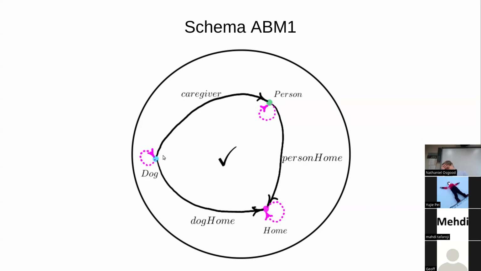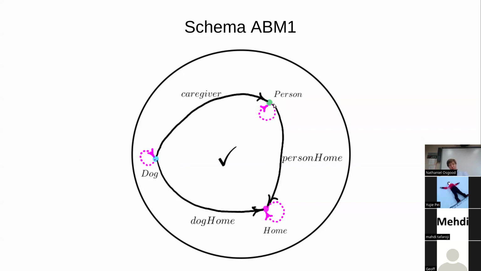It maps person object into a set of people, maps dog objects into a set of dogs, home objects to a set of homes, and for each person, there's a home.